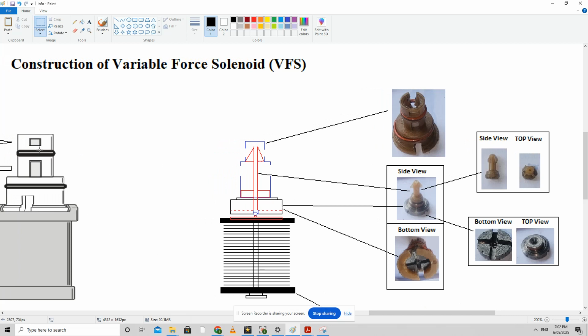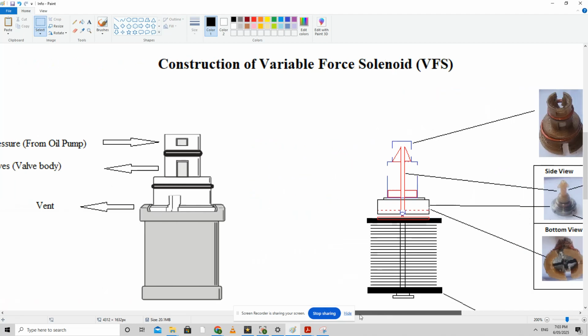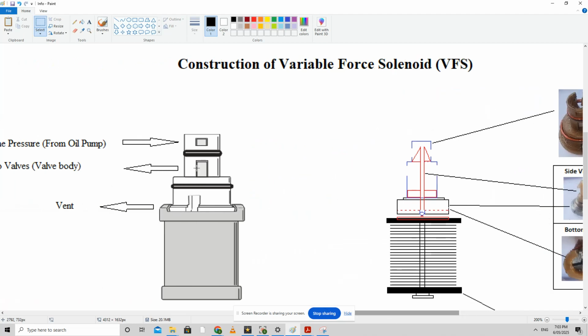So if you blow air from here, it should come out of here without any issues, and it will never be restricted. And I think this is why I say that when the line pressure is sent to the solenoid, it comes out from here entirely to the valve body. So when it comes from the oil pump, all the pressure goes to the valve body.